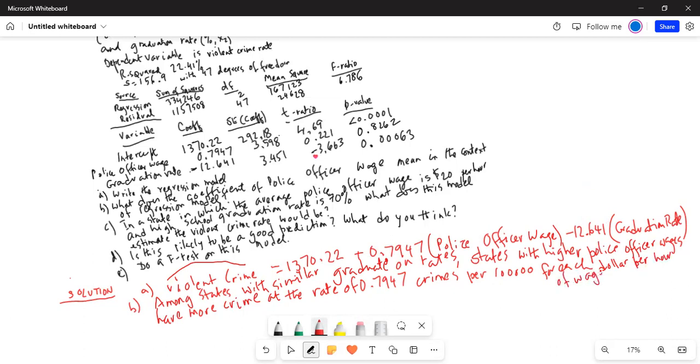That means if we hold the graduation rate constant, for every dollar increase in police officer wages, the crime rate per 100,000 will go up by 0.7947. Okay. Now let's create some space and do part C.